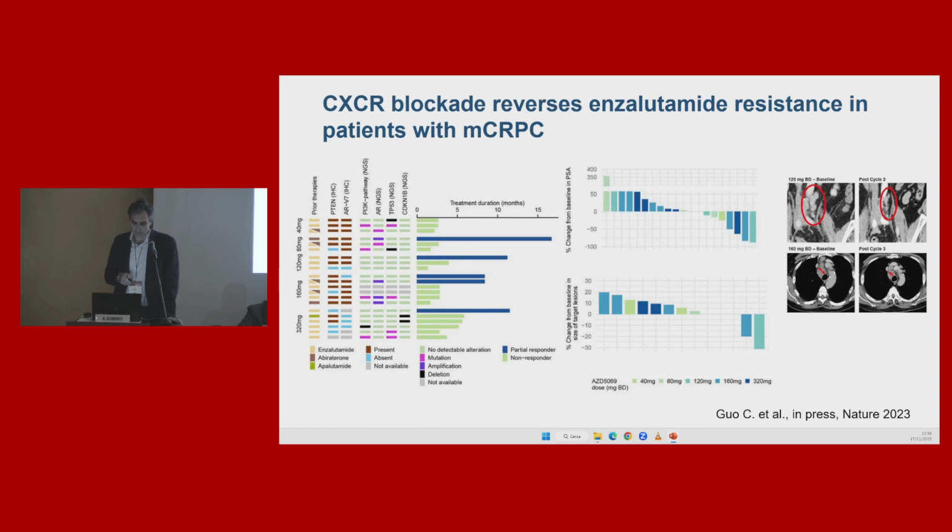This is the result of this study that showed that 25% of the patients have a partial response, and this is associated with a reduction of the androgen receptor signature in tumor biopsy, and of course also a reduction of the input that allowed this myeloid cell to be recruited into the tumor.